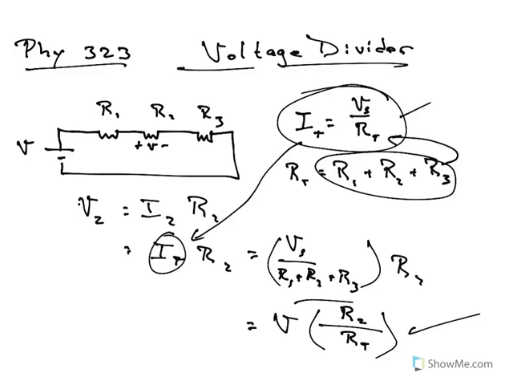This is kind of a shortcut. Instead of doing these two steps, number one, calculate the total current, then number two, plugging into the equation to get this, we could just go straight to this. And this is generally true.